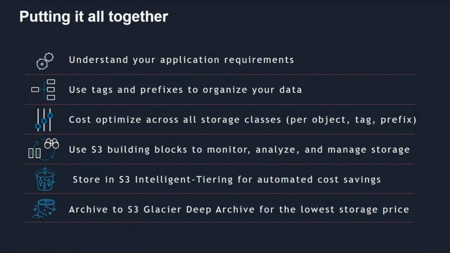Then, if we look at two characteristics now within S3, the ability to take advantage of an intelligent tier which automates our cost savings between our standard and our infrequent access of data, and then to take full advantage of the Glacier Deep Archive as the lowest priced cloud storage available, tremendously changes the cost profile that we have against S3.